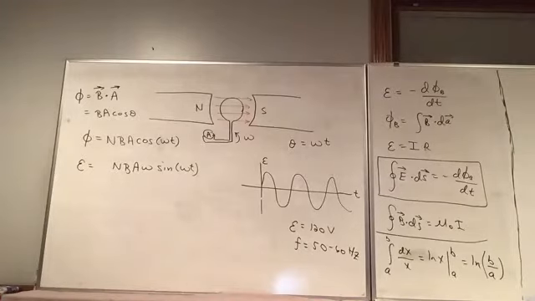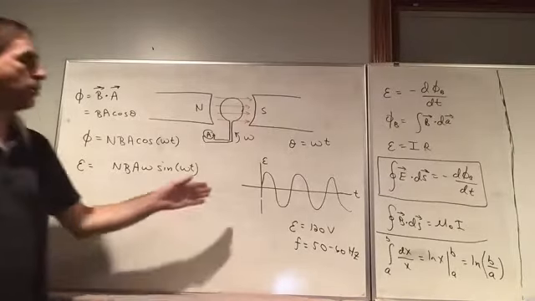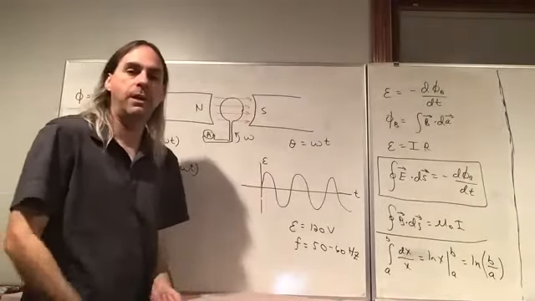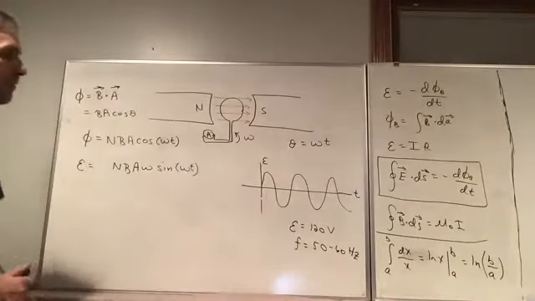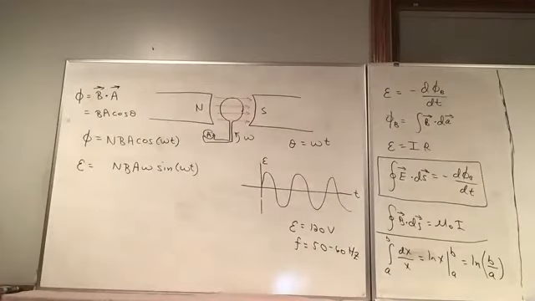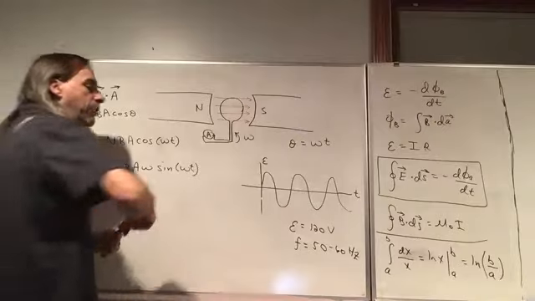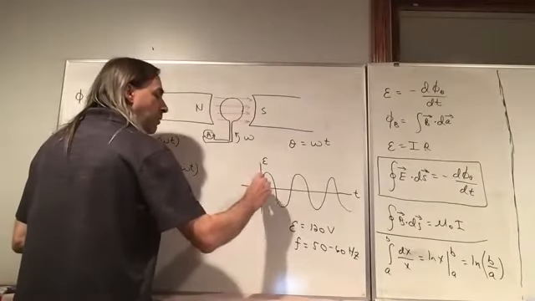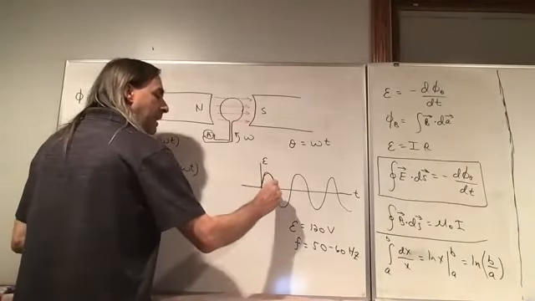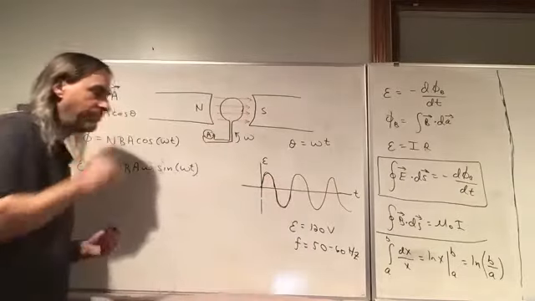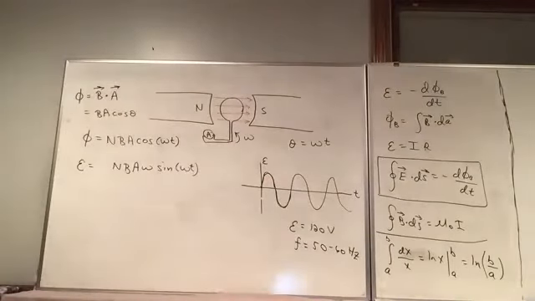Now, the problem is if we take the average value of something that looks like this, what are we going to get? Well, we're going to get 0, because the sine function has this perfect symmetry where this branch is exactly the same as this branch, except they're inverted.